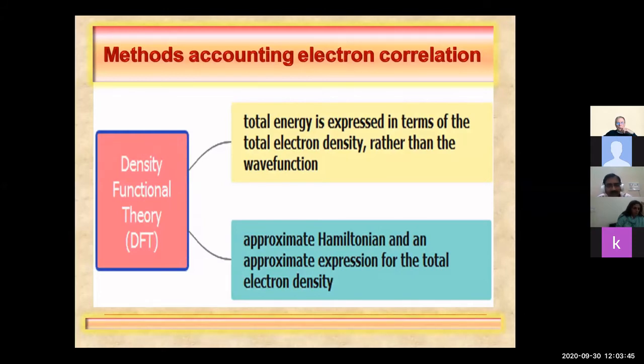So this is the reason this method has become the primary choice nowadays of people working in the area of computational chemistry, because it gives you better results at a cost comparable to the conventional Hartree-Fock method.